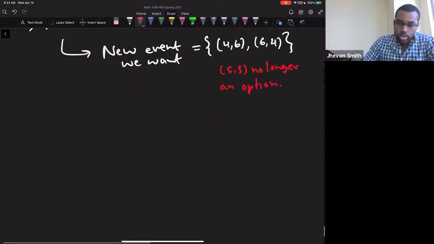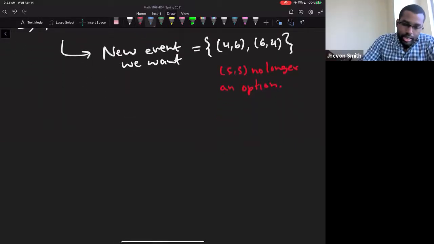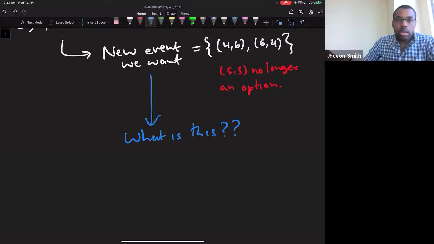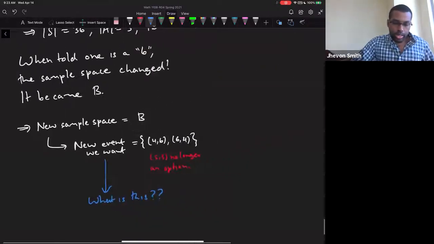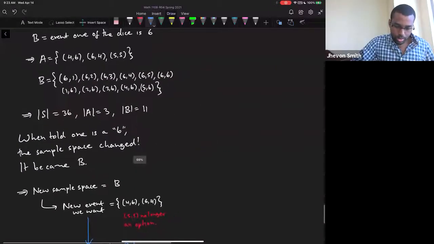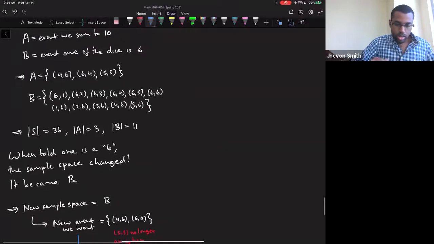Now, here's the crucial thing. What is this set? Okay, so look at all the sets that I have here. How would you describe the set 4, 6 and 6, 4 in terms of A and B? Because our S has kind of been taken out of play.